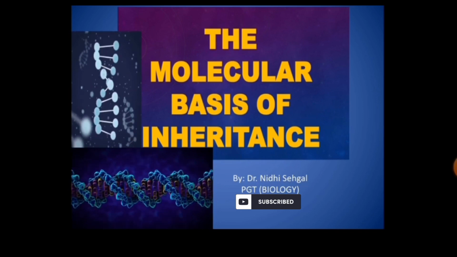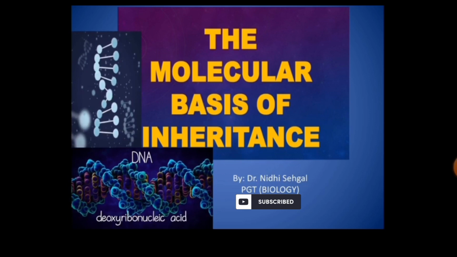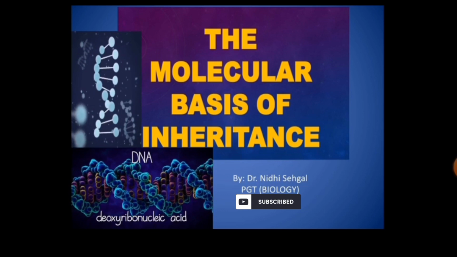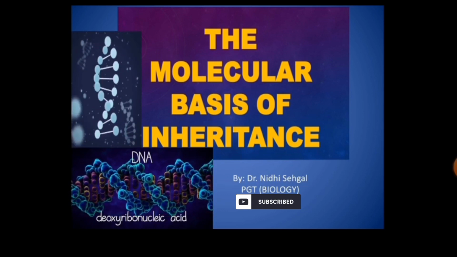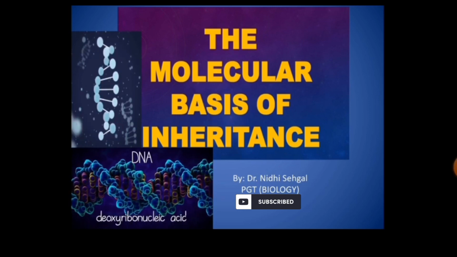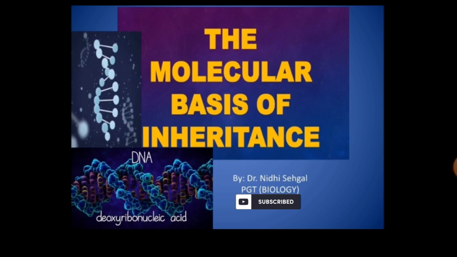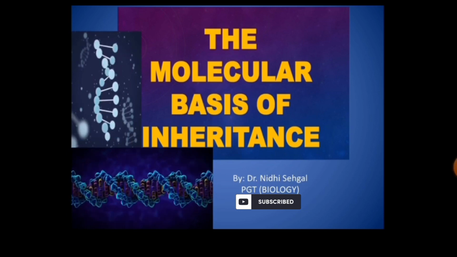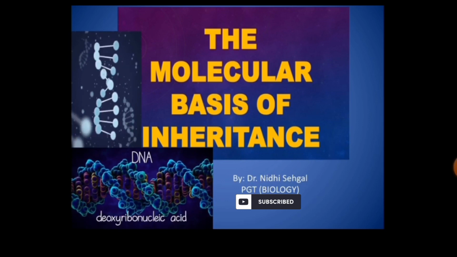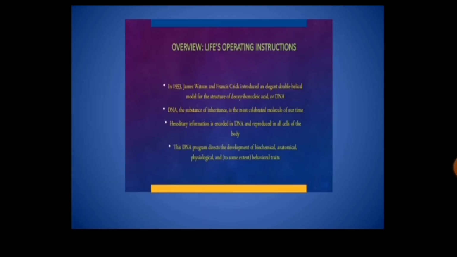So here in this lesson, we will try to look at the process of inheritance at a little deeper level. What we are trying to see is what exactly is the molecule inside an organism which is responsible for the phenomenon of inheritance. So it has been found that DNA acts as genetic material for most of the organisms.